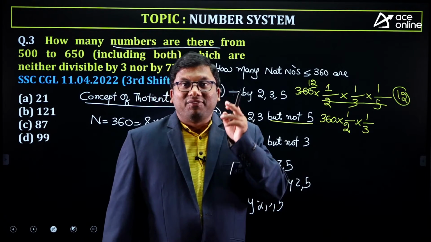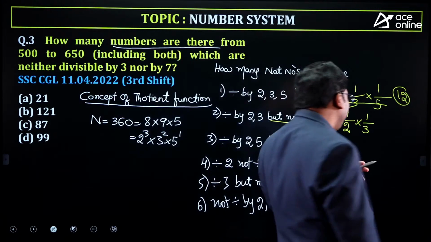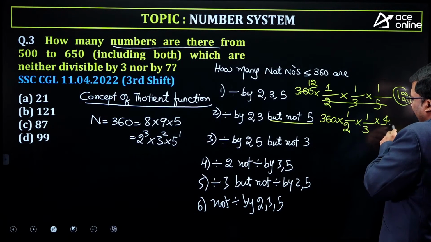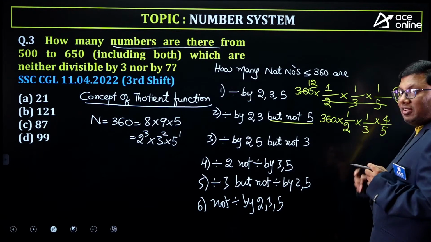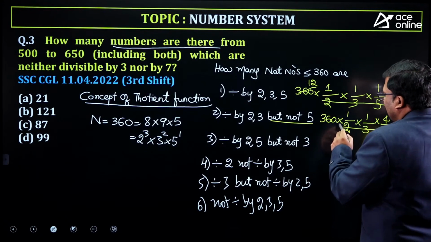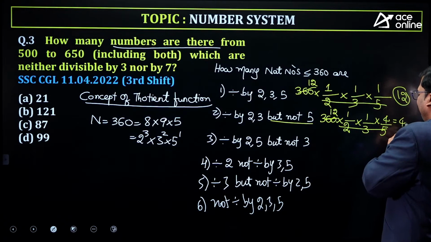Listen carefully. How many are not divisible? 1 minus 1 by 5, 4 by 5. Out of 5 consecutive, 1 is divisible. How many are not divisible? 4. So 6 5s are 30, 30 12s are 360, 12 4s are 48.